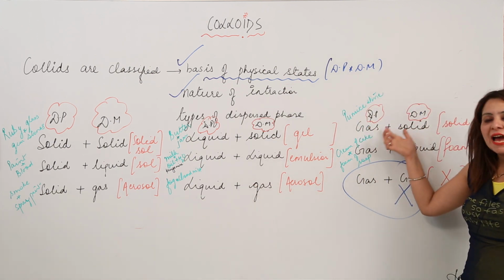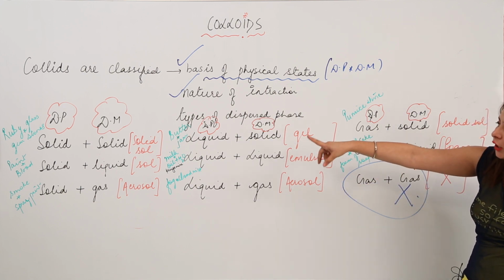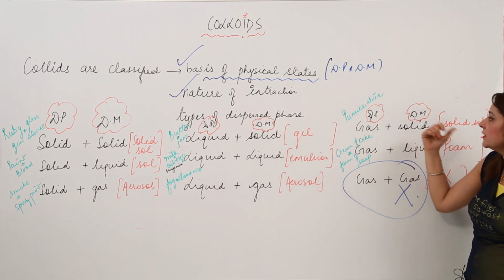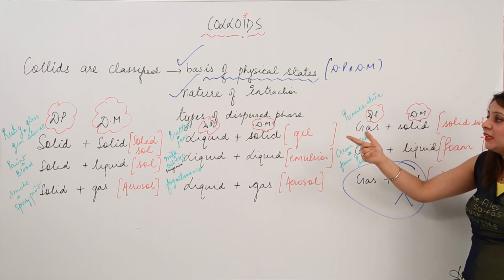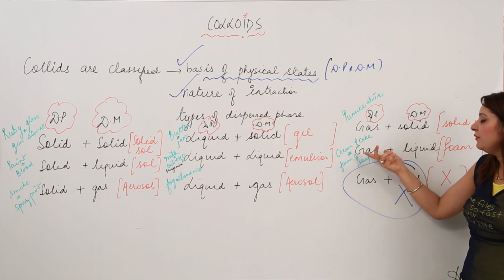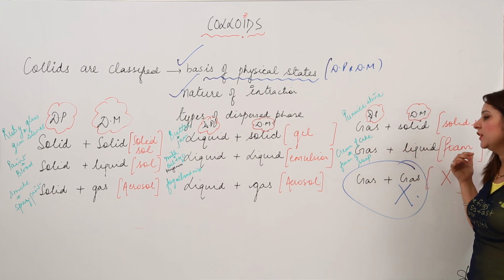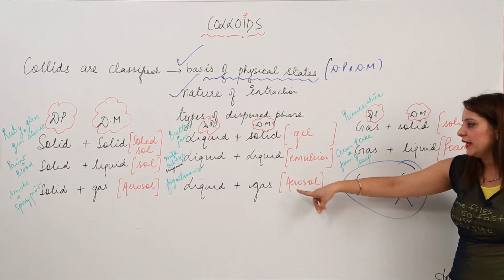Likewise, when gas is present in solid, again a solid sol. So there you saw solid in solid is solid sol, and here again gas in solid is a solid sol. So in both cases, solid is acting as a dispersion medium. And again we have gas and liquid. When gas particles are dispersed in liquid it is foam, and when liquid is dispersed in gas it is aerosol.